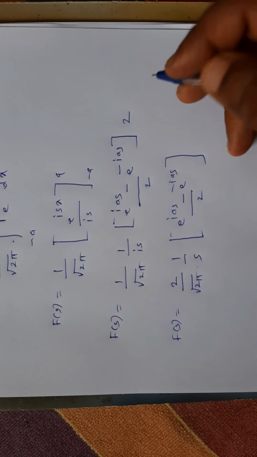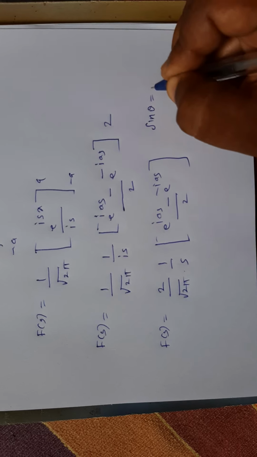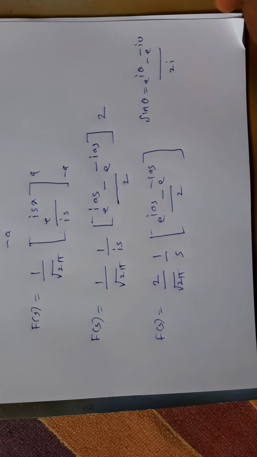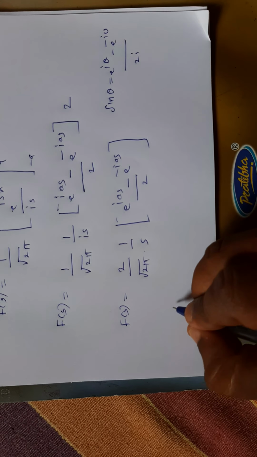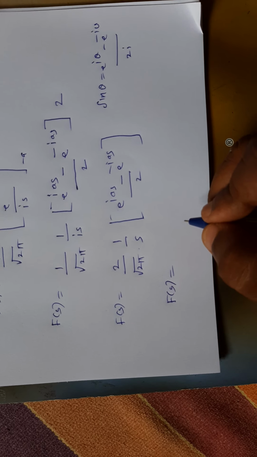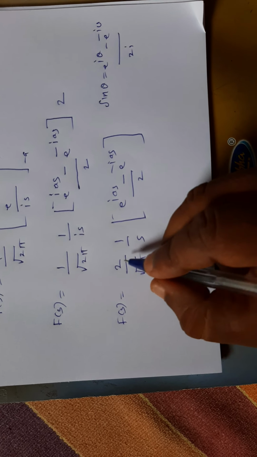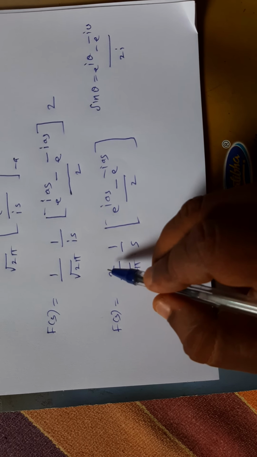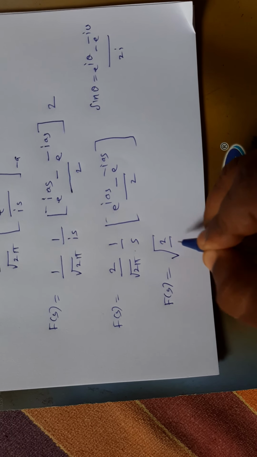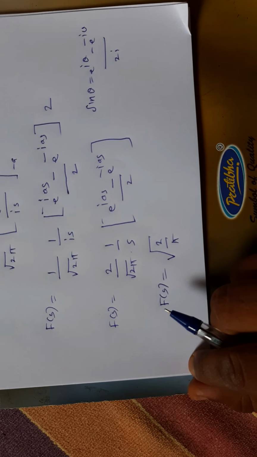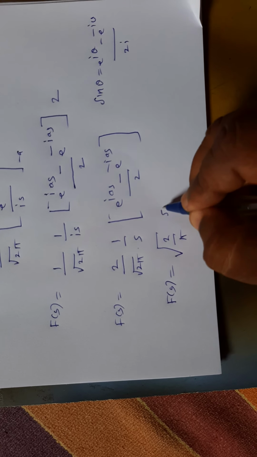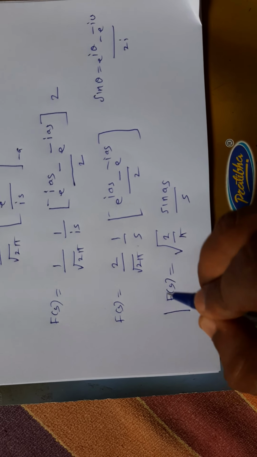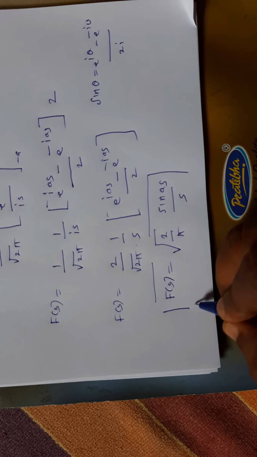So we know that sin theta is nothing but (e^(i theta) minus e^(-i theta)) upon 2i. So therefore F(s) is equal to, here I can write this 2 as root 2 into root 2. So one root 2 gets cancelled. So this becomes root 2 upon pi into sin(as) divided by s. So this is the required answer.